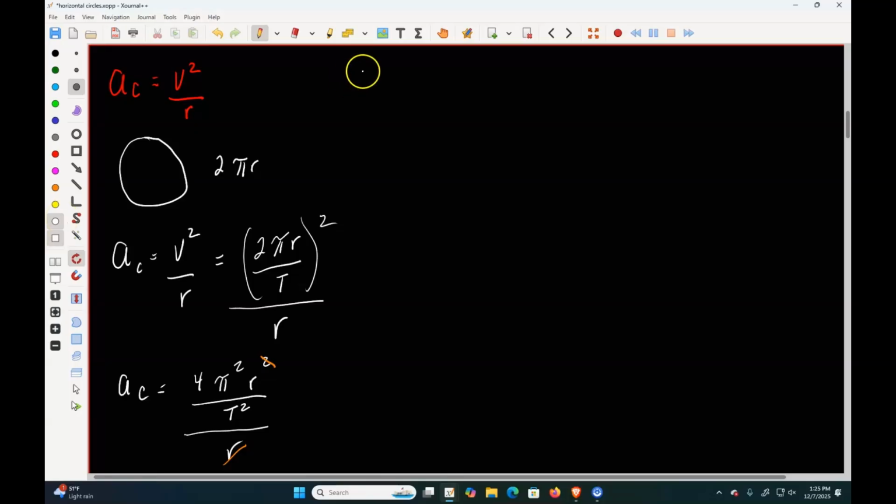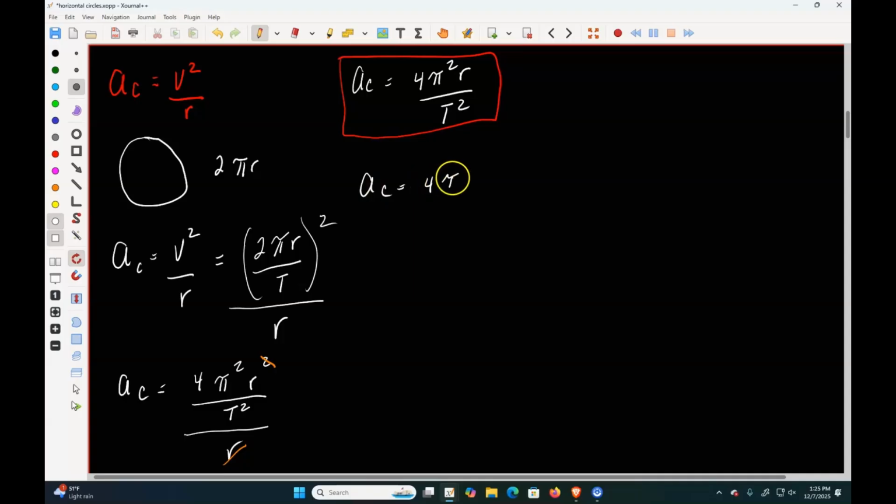So I can say then that the centripetal acceleration is equal to 4 pi squared r over the period squared. A very important formula. We can write the same formula for frequency. So we know the relationship between frequency and period. So I can say then that the centripetal acceleration is equal to 4 pi squared r, and frequency is the reciprocal of the period, so that would be frequency squared. Again, another very important formula.